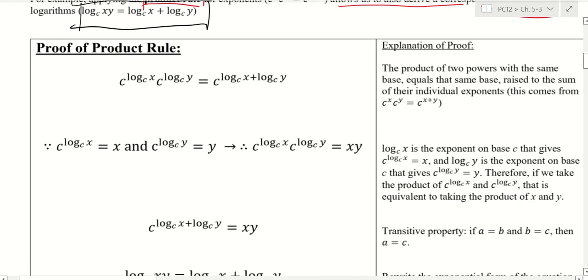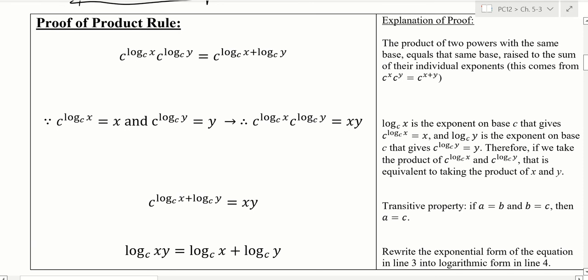So, for this proof, we start with this statement. Base c to the power of this exponent, log base c of x, times base c to the power of this exponent, log base c of y. Well, what's another way that we can write this product of powers?